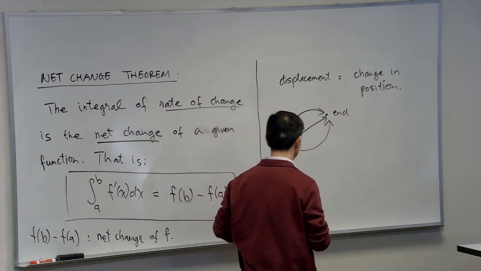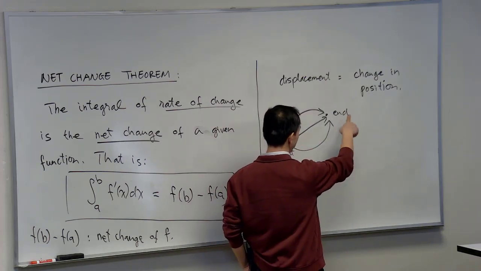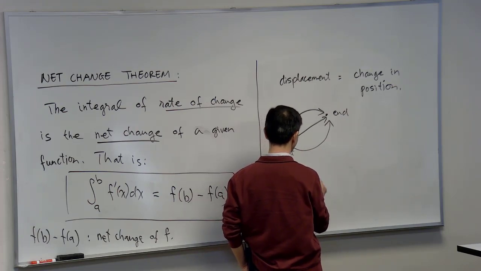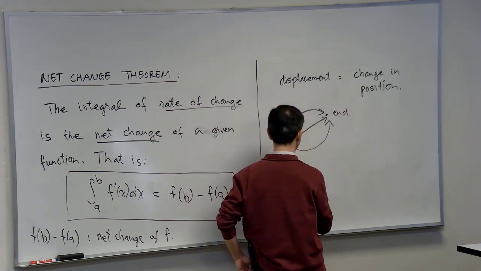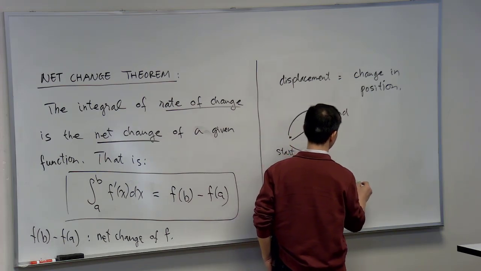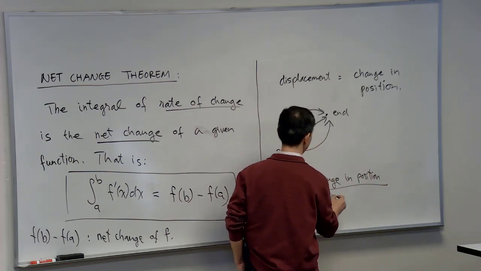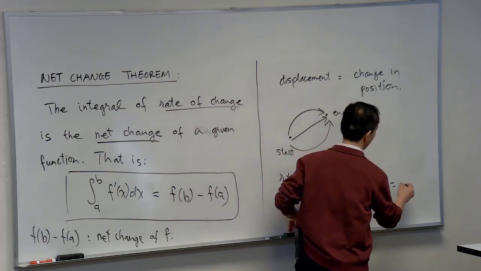But then, the change in position, so rate of change, right? Rate of change in position over time, like that, right? It's exactly what we call the velocity.